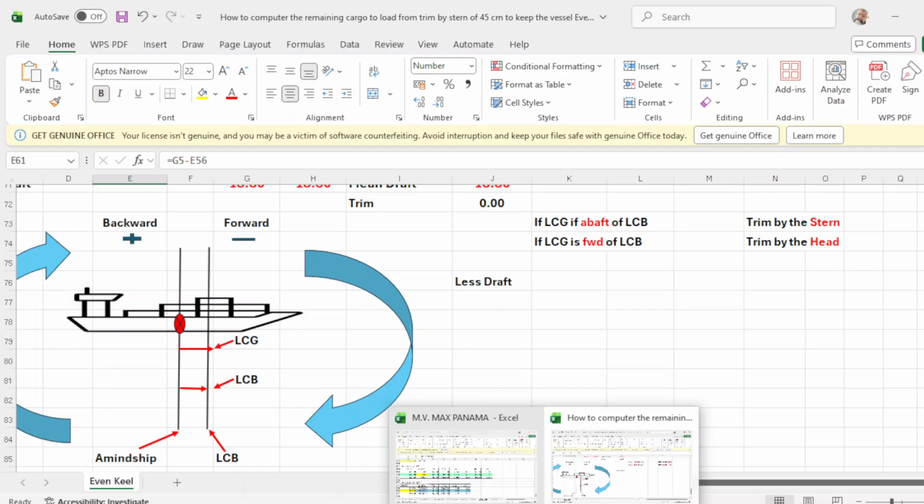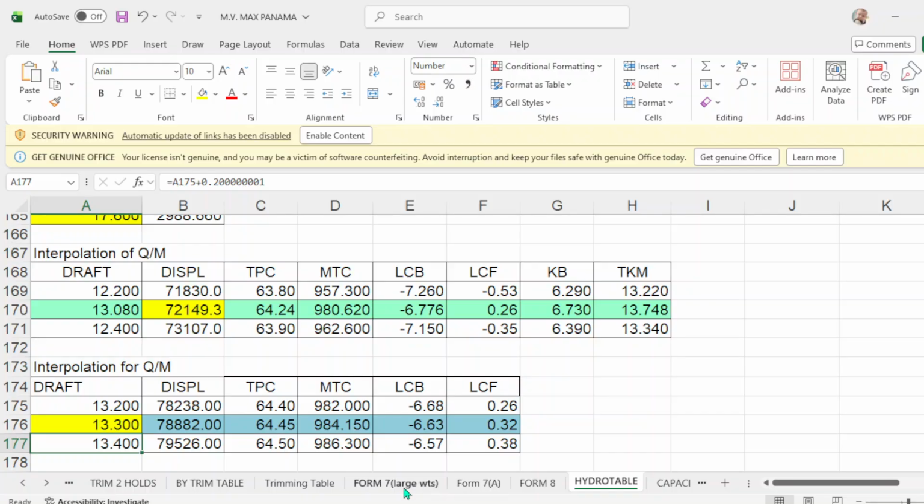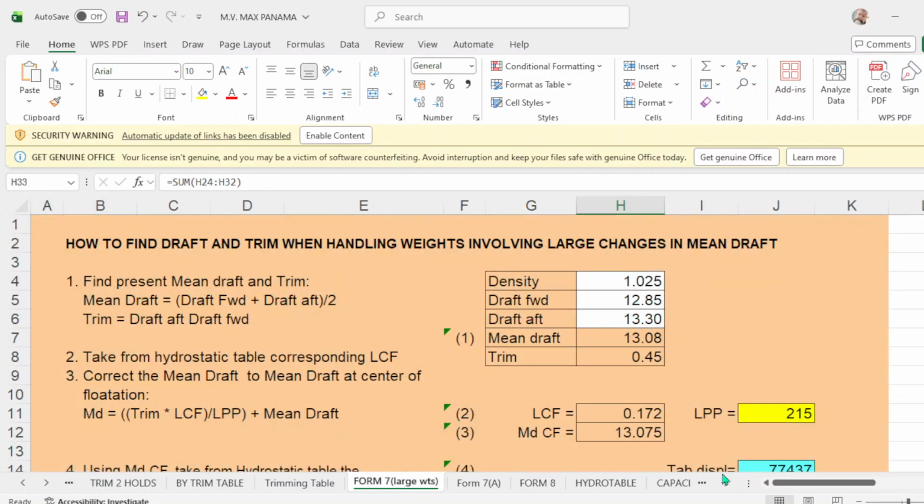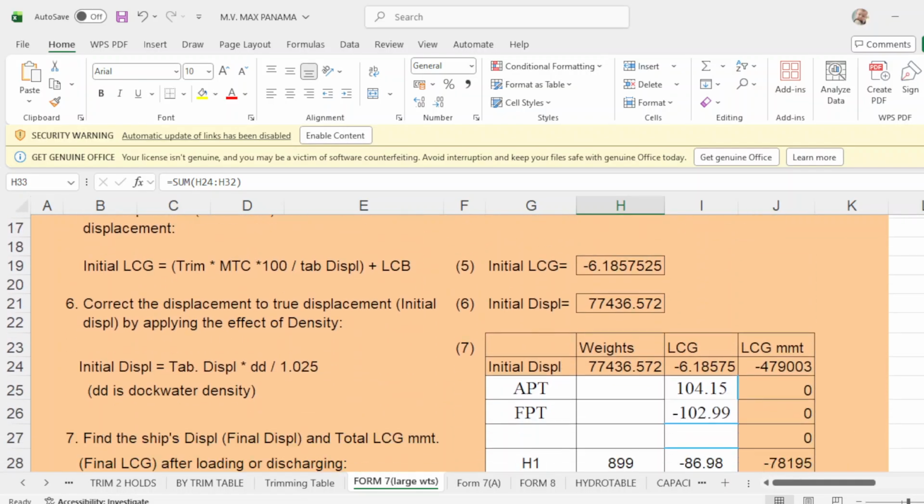So that's it, guys. I think I have already explained these things to you. And for number 7, you will apply here the density upon taking the initial draft survey and your final draft survey.